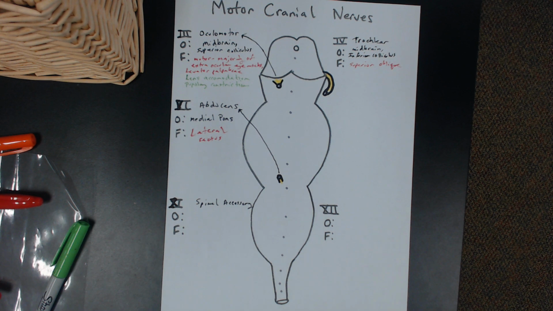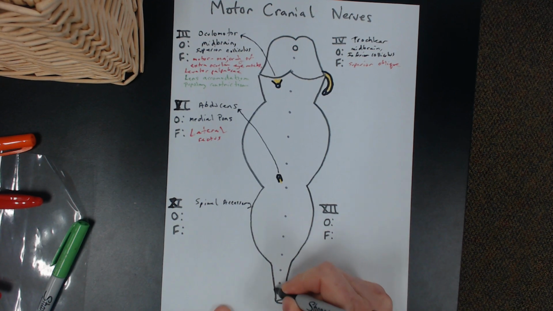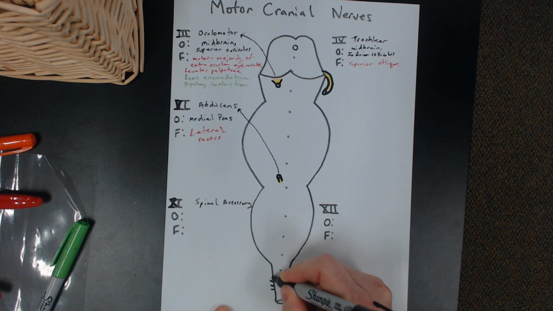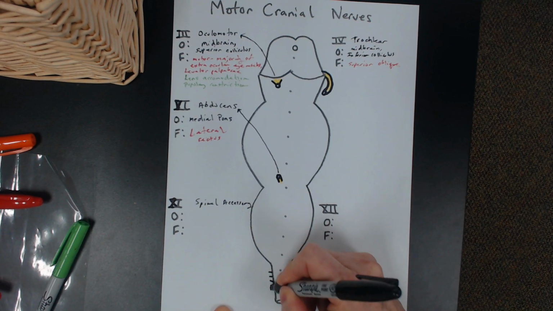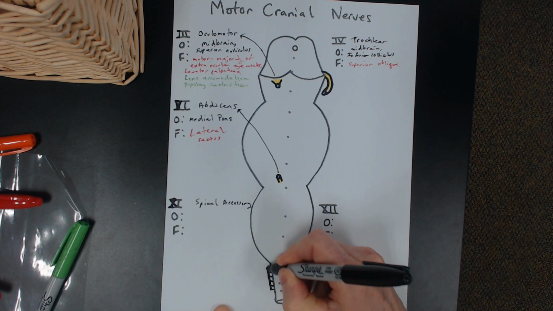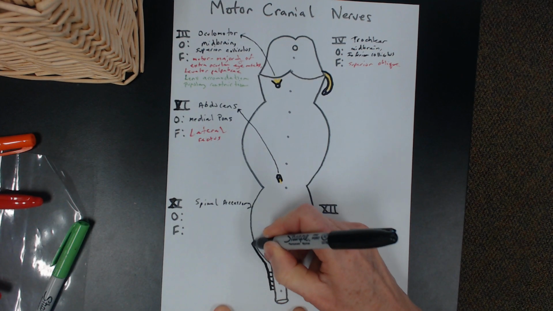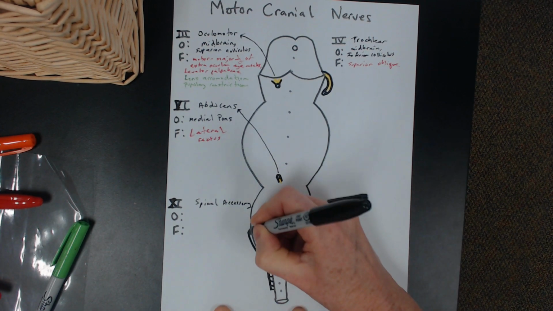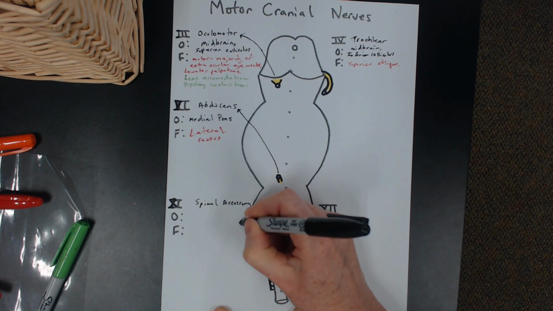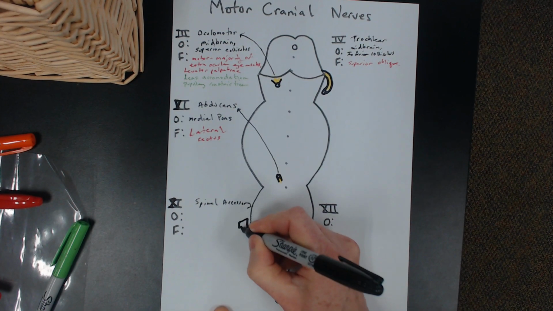And when we talked about spinal accessory before, it's the only one that comes out of the spinal cord, and it arises from the ventral gray horn of C1 through C5, and then all those axons come together and exit the area of the medulla about here.